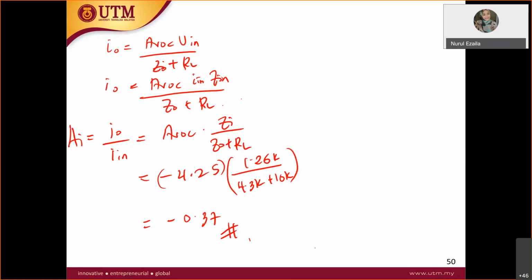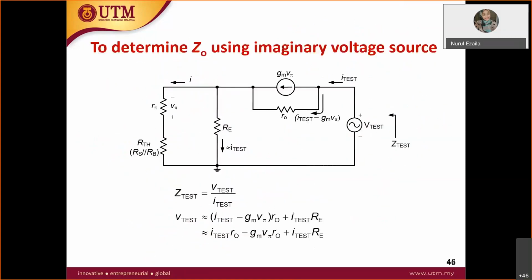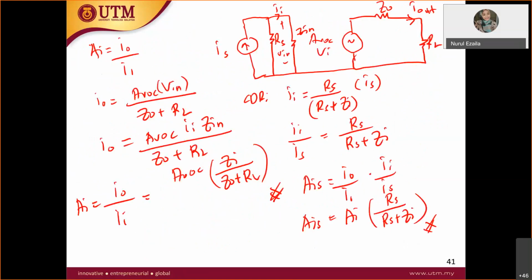So for the AIS, the same thing. It is I out over IS, same like I out over I in times I in over IS. So it's like you cancel out, but you not actually. So the AIS is equal to the AI you have calculated before, and I in over IS. I in over IS is actually the derivation from the input loop, where you transform the voltage just now.